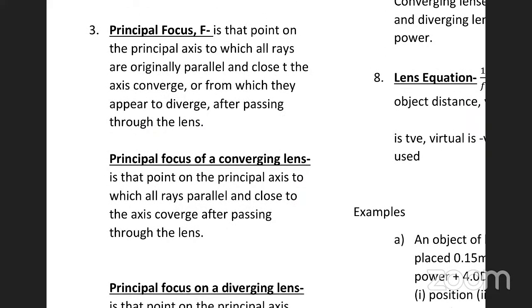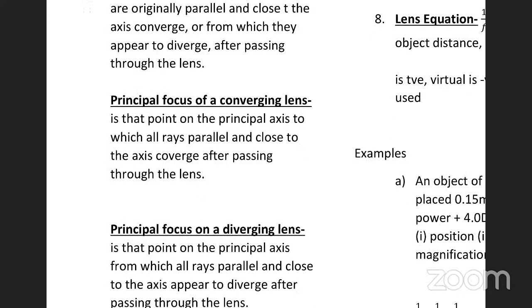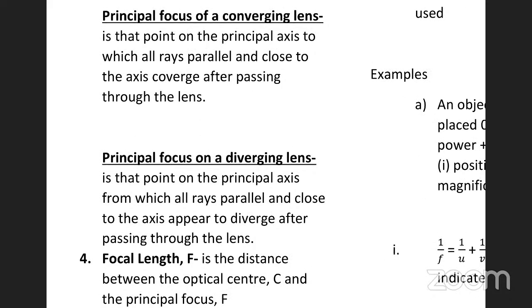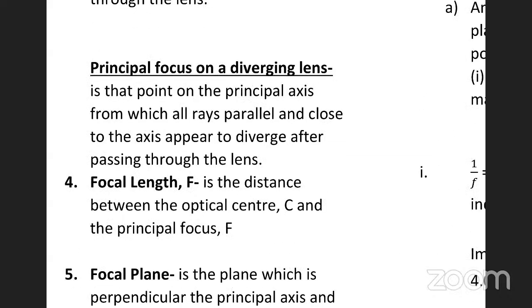Principal focus is the point on the principal axis to which all the rays originally parallel and close to the axis converge, or from which they appear to diverge, after passing through the lens.